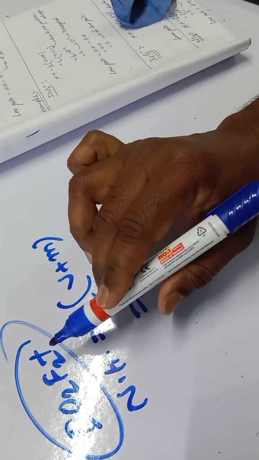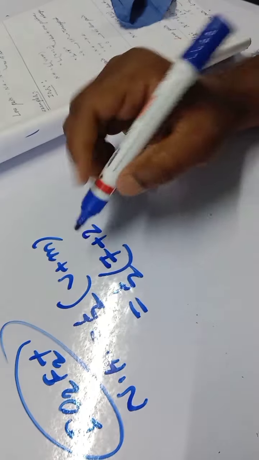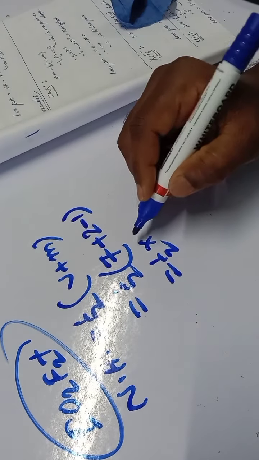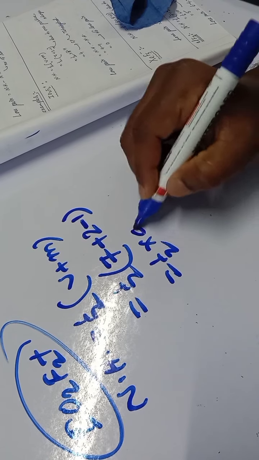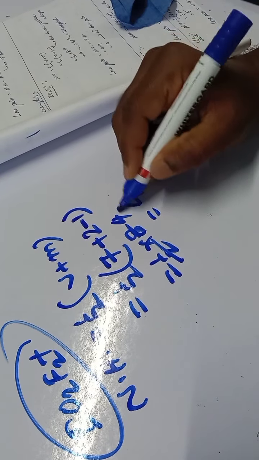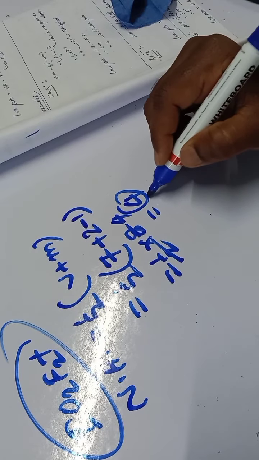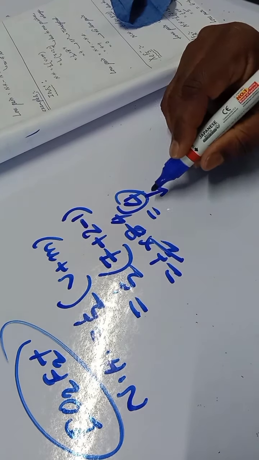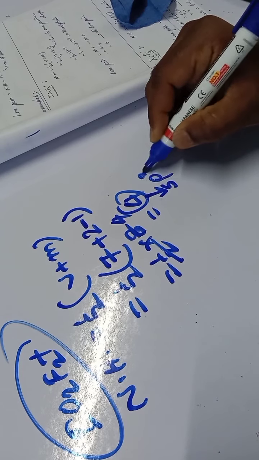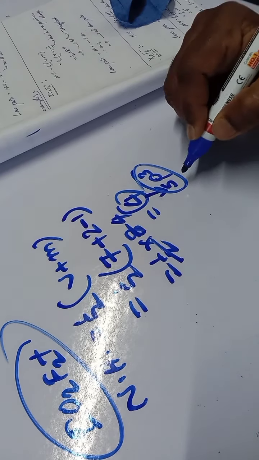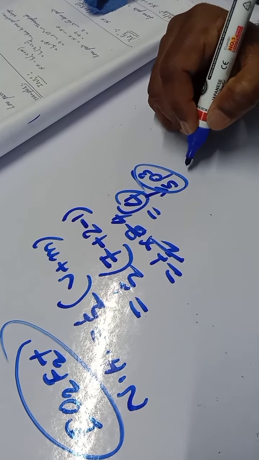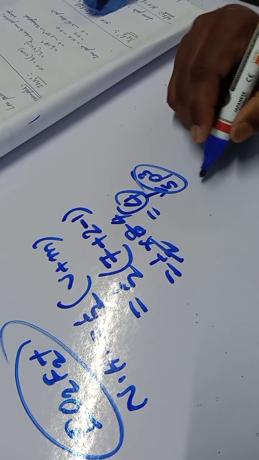The positive charge means one electron released, that is minus 1. So half into 8 equals 4, so it is sp3 hybridization. The shape is tetrahedral.